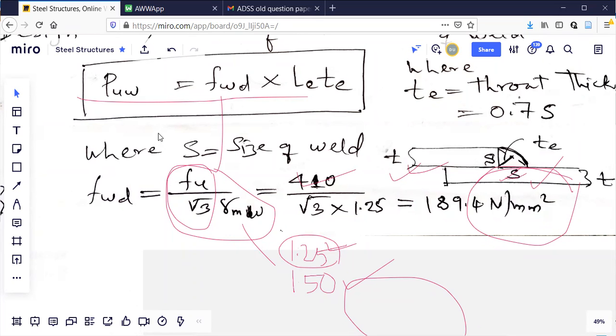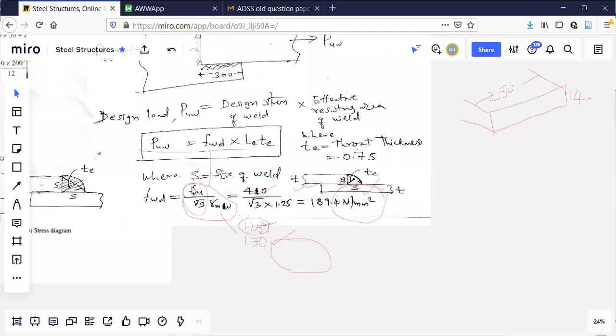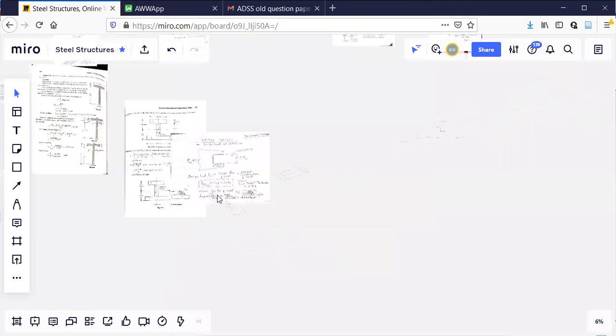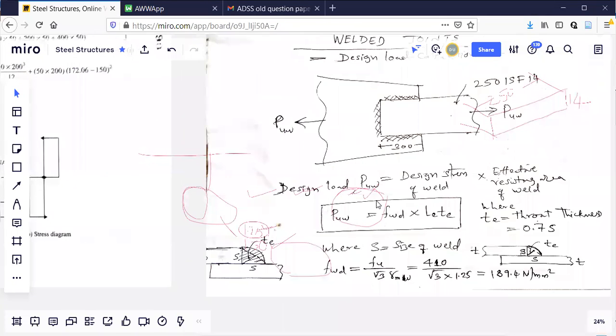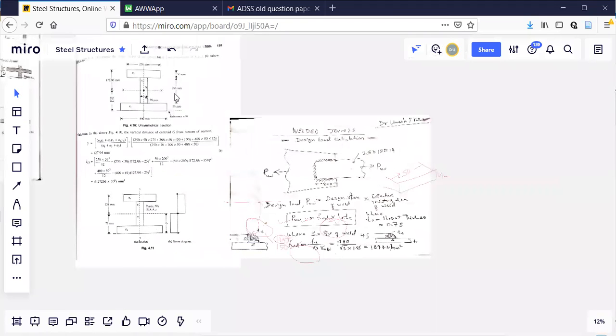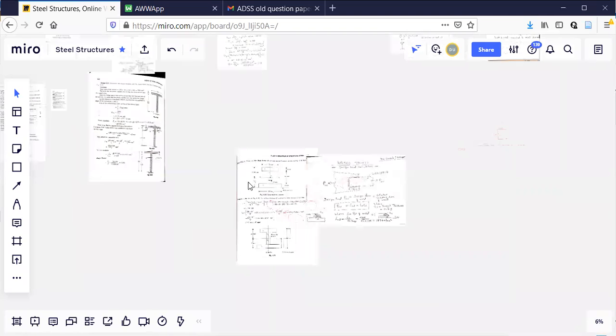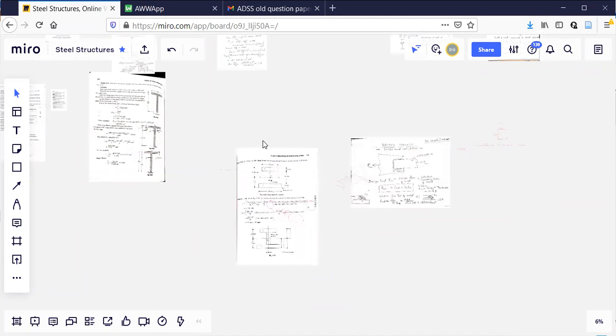Example number 1 of welded connections, which was there in steel structures, that is 6M. So let us come back to our second sem of MTech. So I'll solve it. I think this much information is enough for you to understand the problem that I'm going to solve, which is there for MTech level. I need to check whether this solution is downloaded or what.